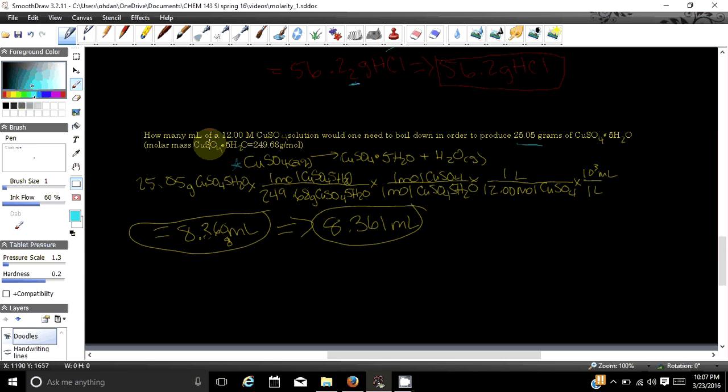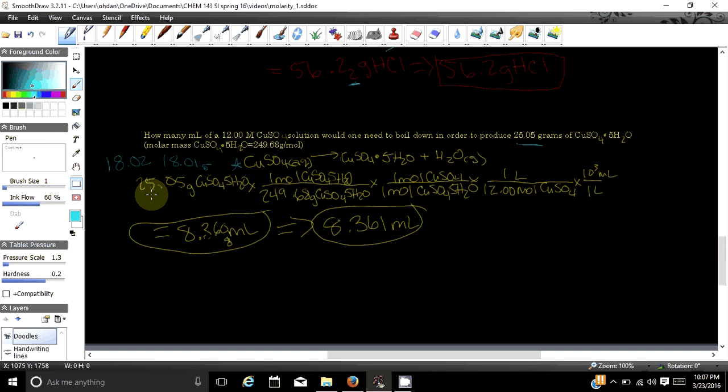To find that, you can just take the molar mass of CuSO4 and then add in 5 times the molar mass of water, which you guys should probably memorize, 18.02 or 18.015 grams per mole. But that's how I got that.